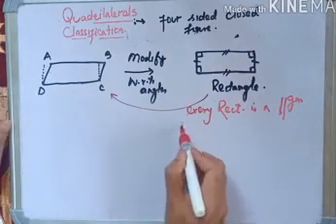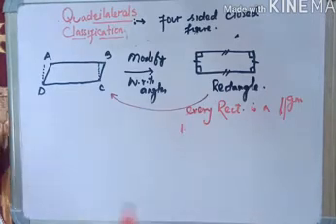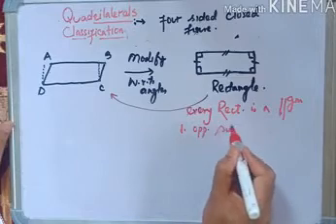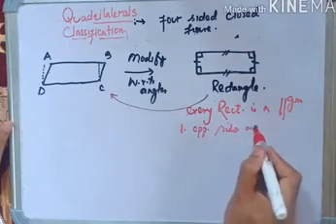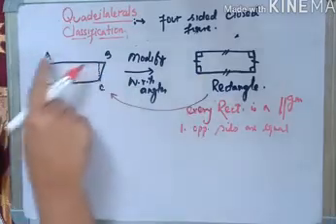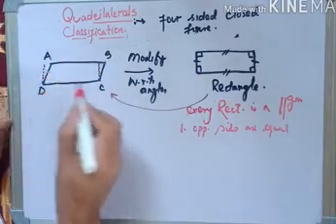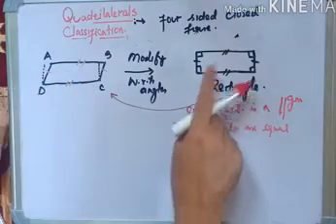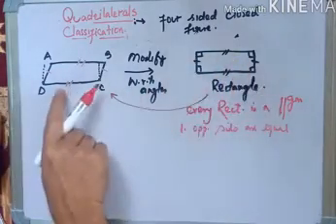So let's talk about the properties of a rectangle. First, opposite sides are equal. You can observe this property in the parallelogram; I have already talked about this. So a rectangle got this property from the parallelogram.